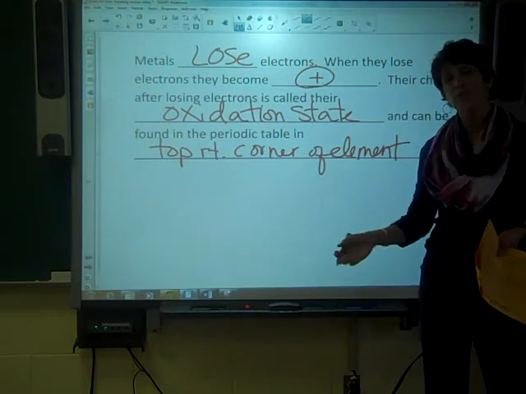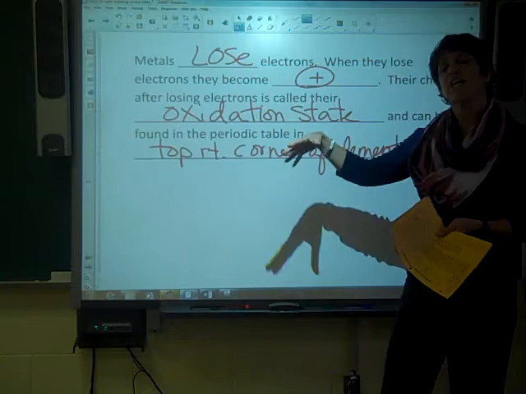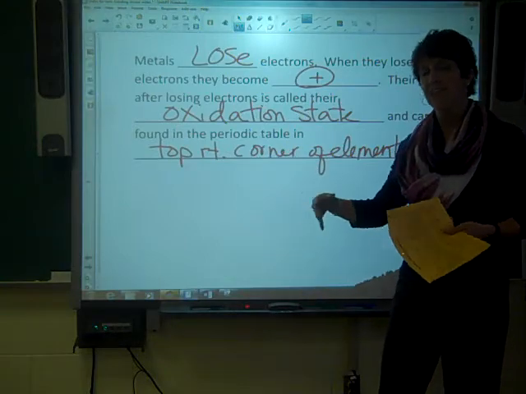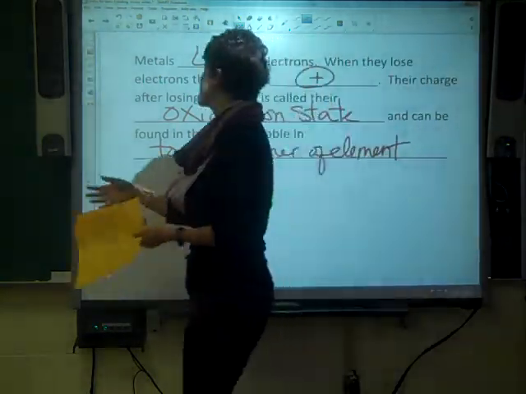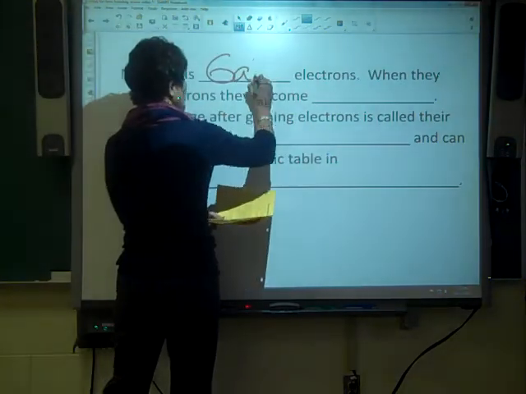So, you know I always refer to them as left side losers. So your metals are your left side losers because they tend to lose electrons, and if they lose a negative, they become positive.